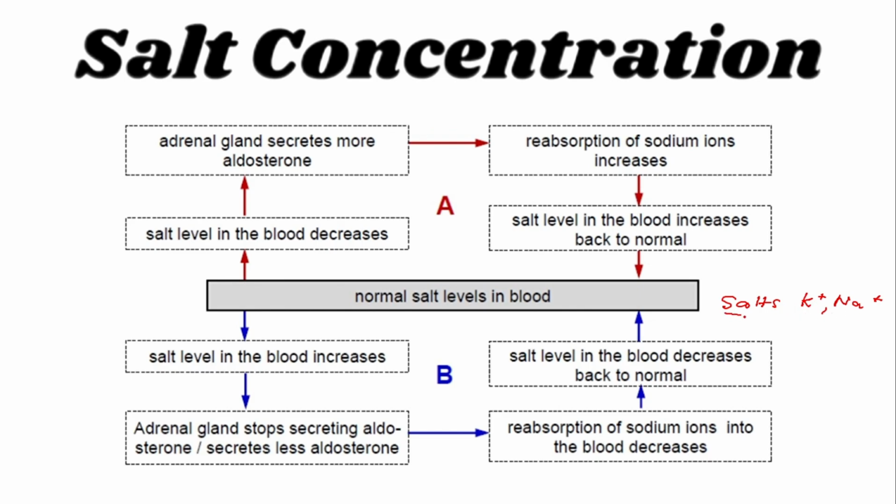They fall under the category of salts. Now the interesting thing about salts is that they attract water, okay? So wherever salts are found, the water always follows it, okay? So think of salt as attracting water. They always attract water, okay? So wherever salt goes, water will follow.